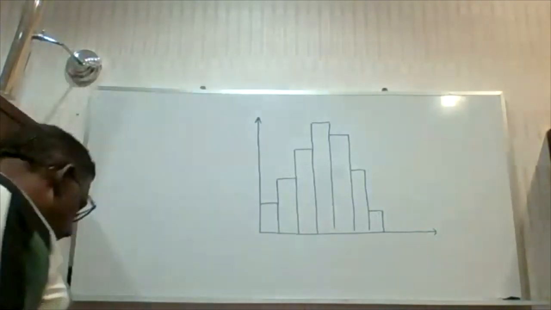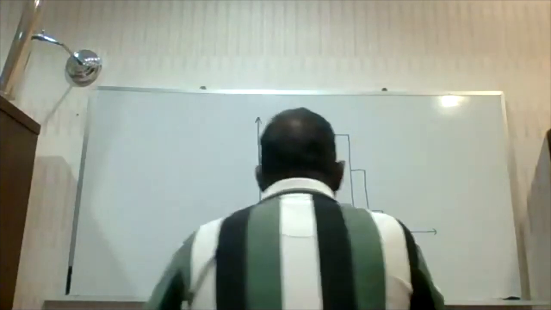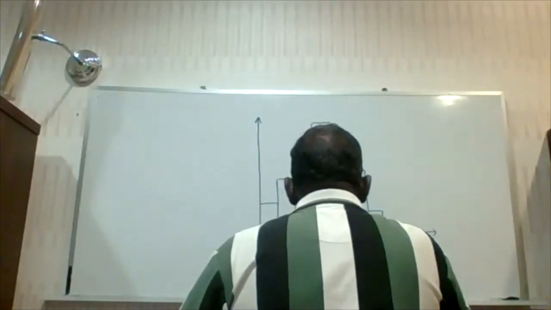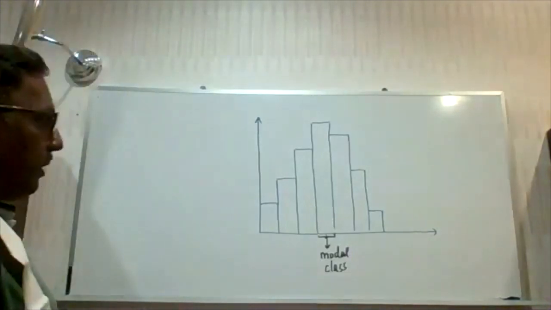So this is my histogram, and I want to find the mode. Number one, you have to know this is the modal class. In the exam, if they ask you what the modal class is, that's your modal class. But I want the mode.